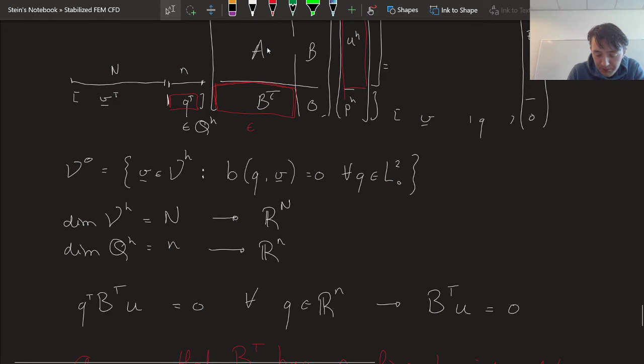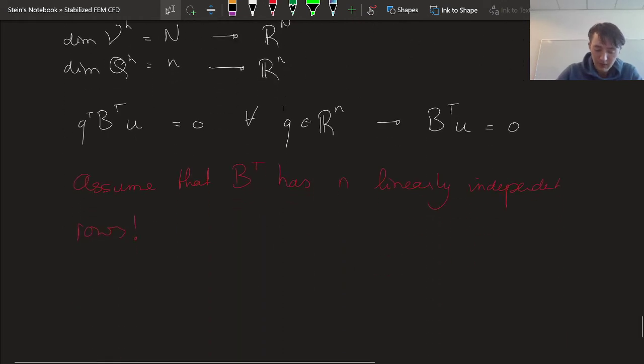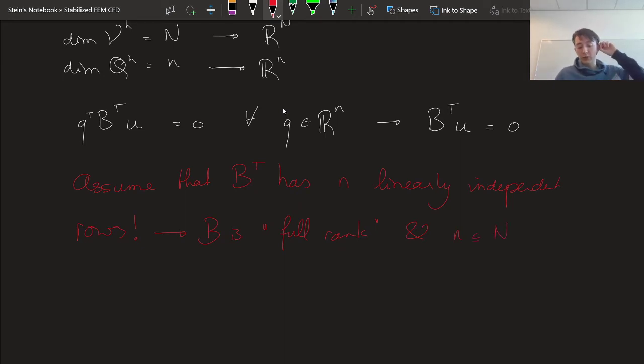So this matrix is going to be Rn cross big N. So the amount of linearly independent rows and linearly independent columns can at maximum be small n, under the assumption that small n is smaller than big N. So this assumption then means if a matrix has as many linearly independent rows as the smallest side, either the rows or the columns, then that means that B is full rank, it's a linear algebra term, and in this case also n is smaller than or equal to big N. Right, that's an immediate consequence of this assumption.